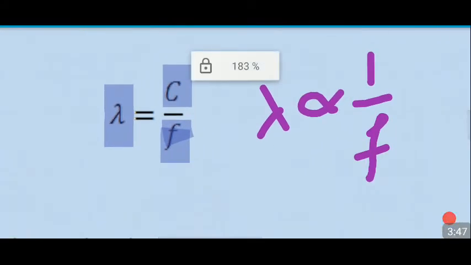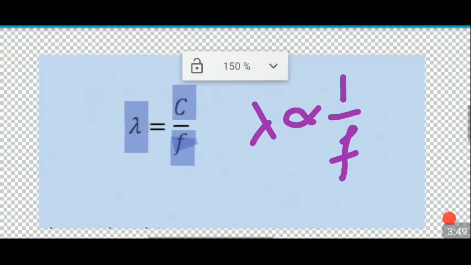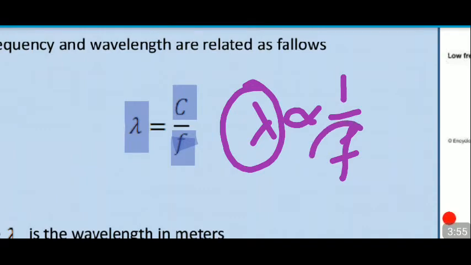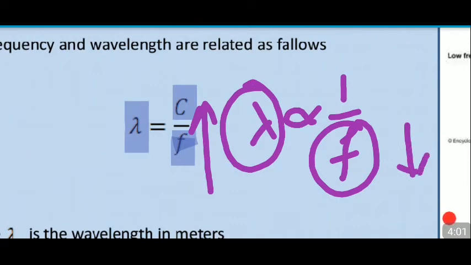This is the relationship between wavelength and frequency. As lambda increases, frequency decreases. As frequency increases, lambda decreases.